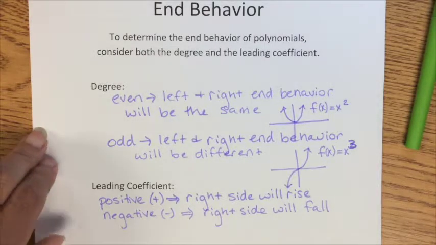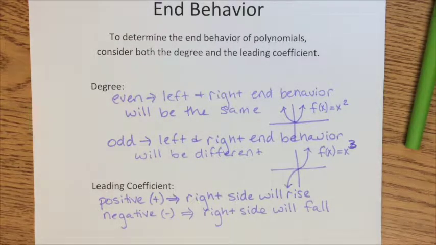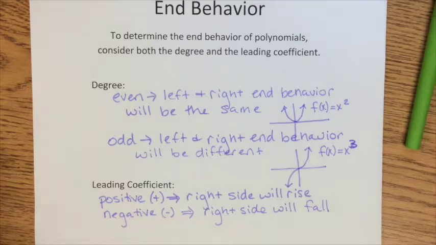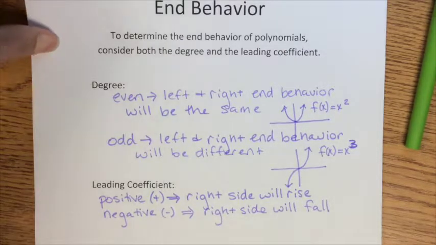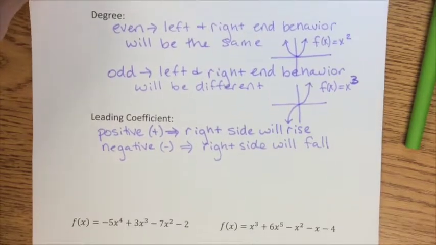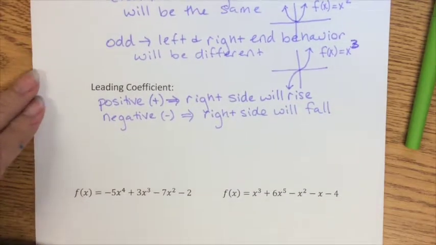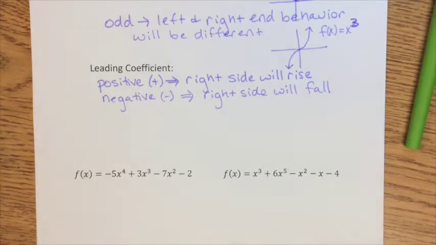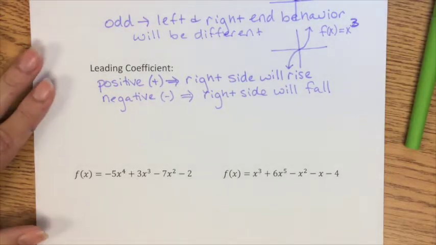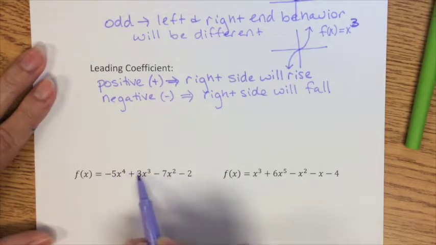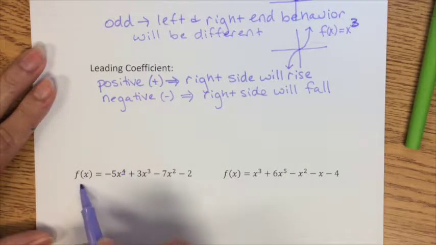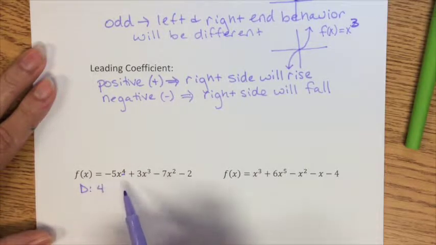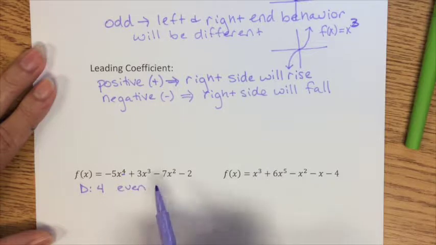So if you combine what you know about degree and what you know about leading coefficient, you can determine the end behavior of polynomials without having to graph them, which is handy. So let's look at these two examples real quick. First we look at the degree. In this example, my highest exponent is 4, so my degree is 4, which is even.